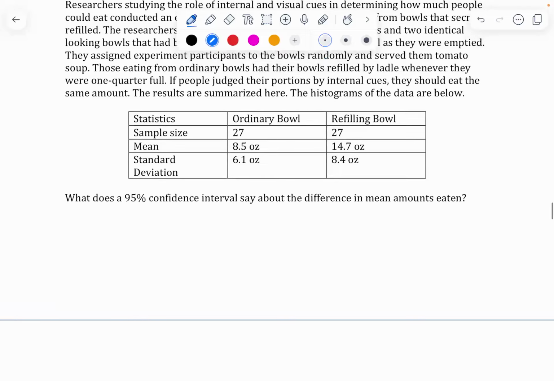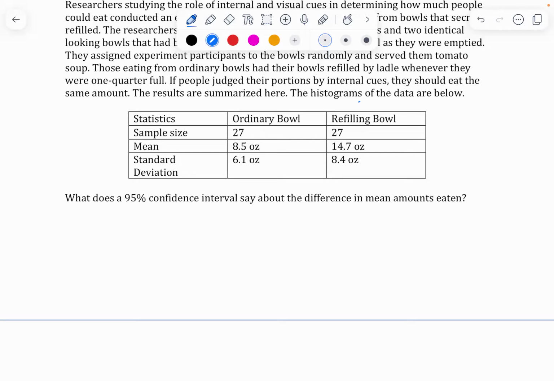I have ordinary and refilling. Just like what we did with proportions, we want to identify the larger sample statistic as our population 1. So the refilling bowl has a mean of 14.7 ounces.